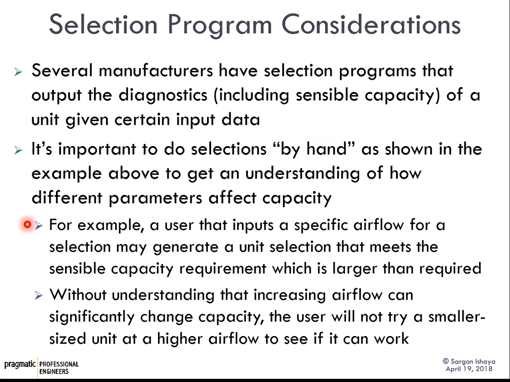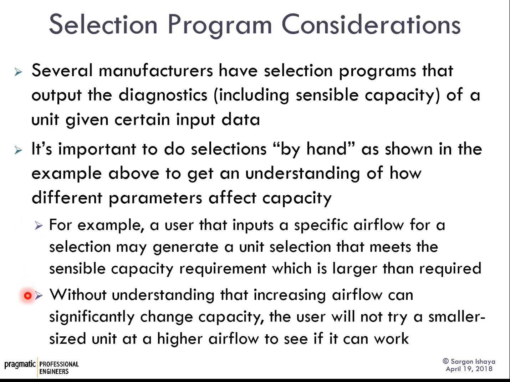But you wouldn't know that unless you select this air conditioning unit by hand. You wouldn't understand that varying the airflow between different sizes of units can satisfy the load, and it gives you more flexibility and more avenues to be creative as an engineer designing an HVAC system for a specific building.